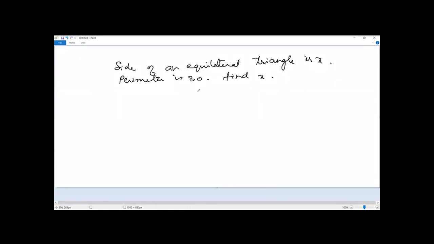Ma'am, 10. Correct. Equilateral, all sides are equal. So divide by 3: 30 by 3 is 10. Correct. So in an equilateral triangle, all the sides are equal.